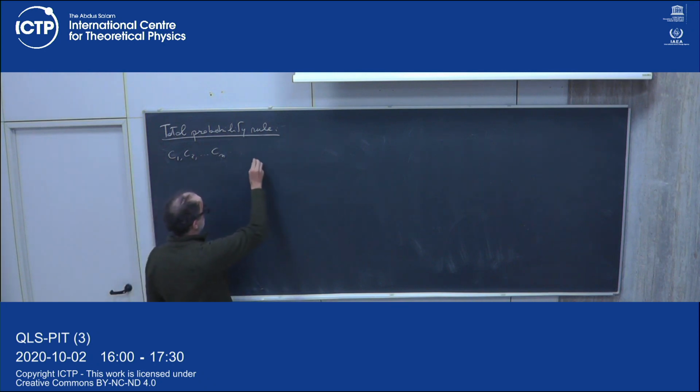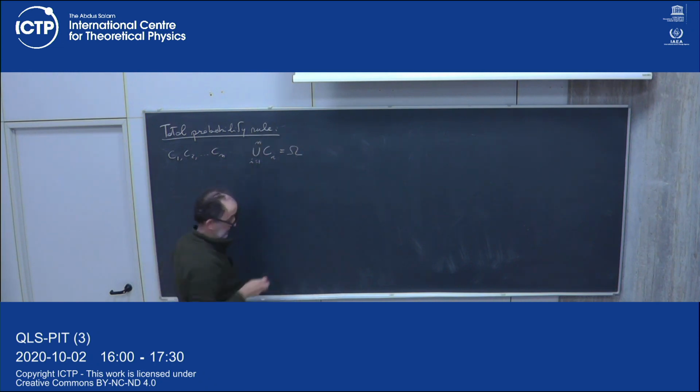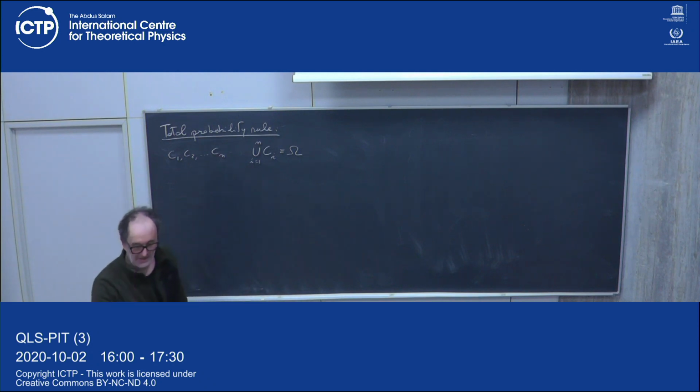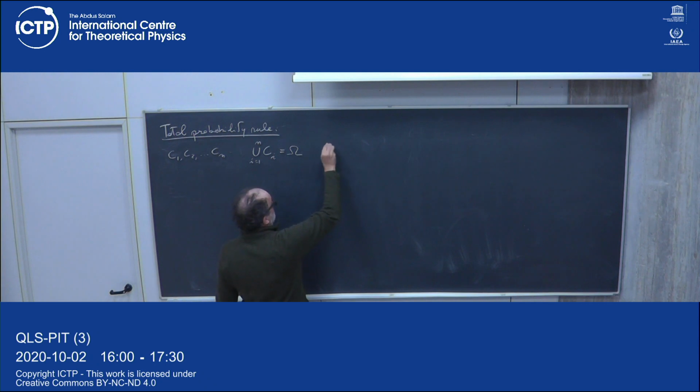By this we mean that the union of all these events is equal to omega, which means that at least one of these events will occur, and also that Ci intersection Cj is the empty set.